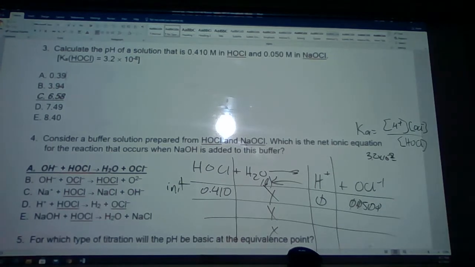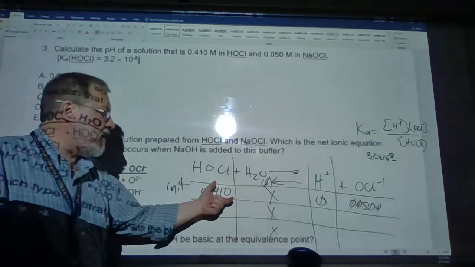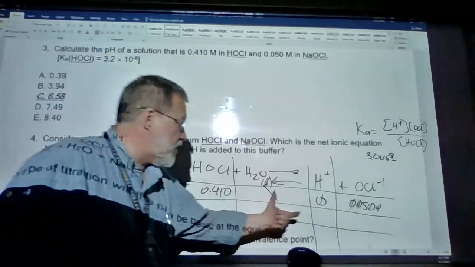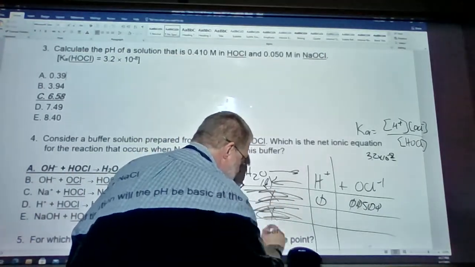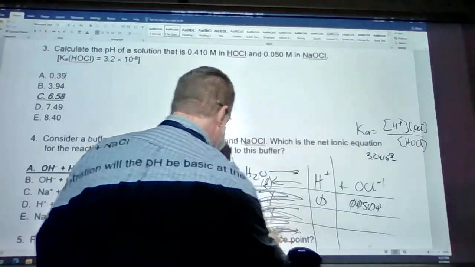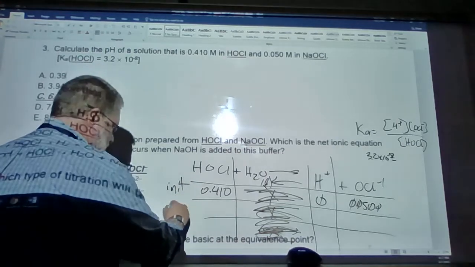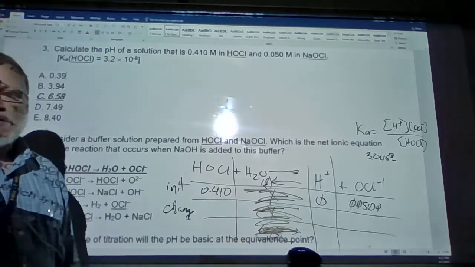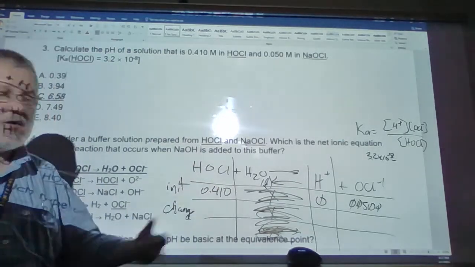Equilibration occurs. The equation goes from left to right. HOCl ionizes. We don't care about the water. The amount of HOCl that ionizes, how much? We don't know.